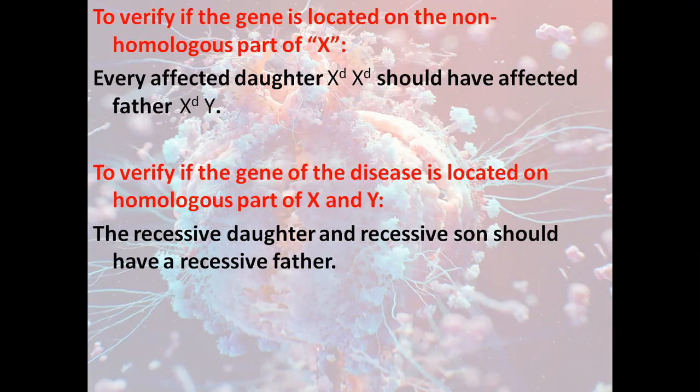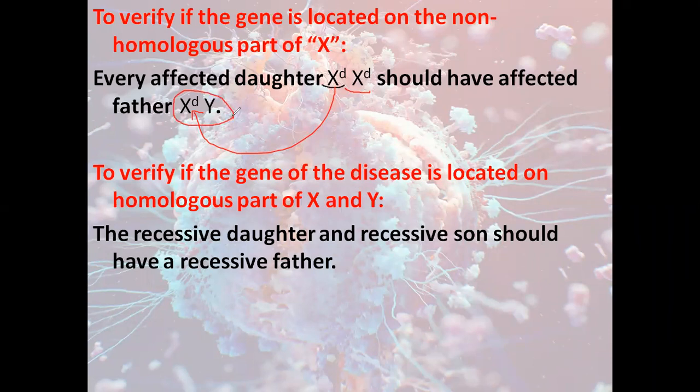This is in the case of recessive, since this female will inherit XD from each of her parents, one maternal and one paternal. XD from the father means XDY, which would be affected, but he is normal, so it's not the case.